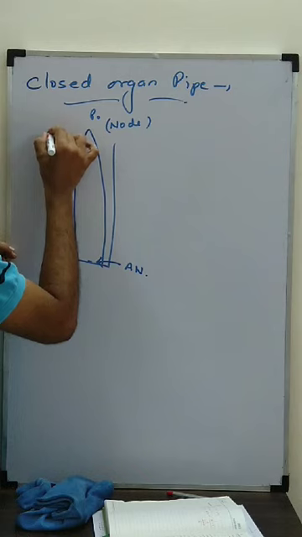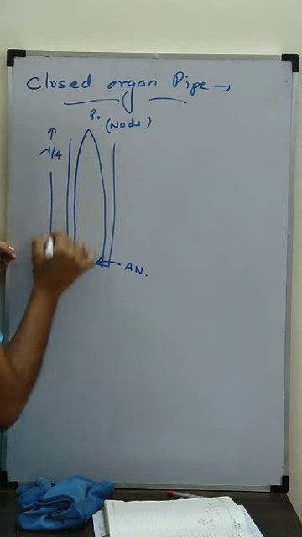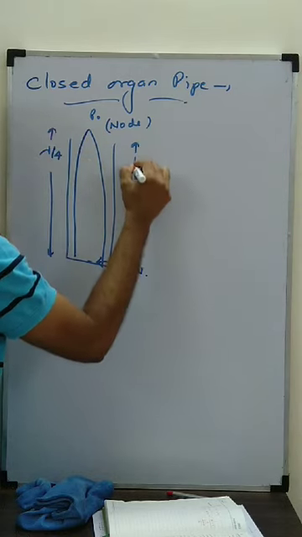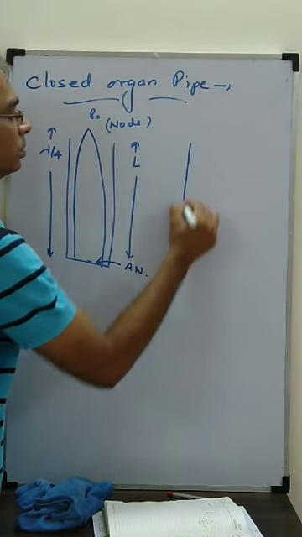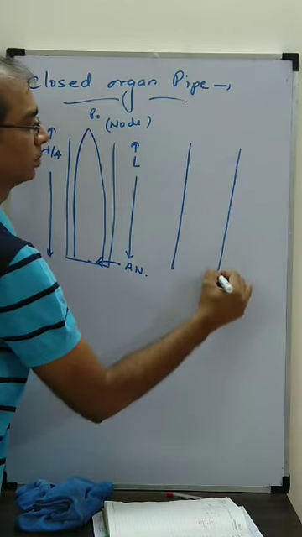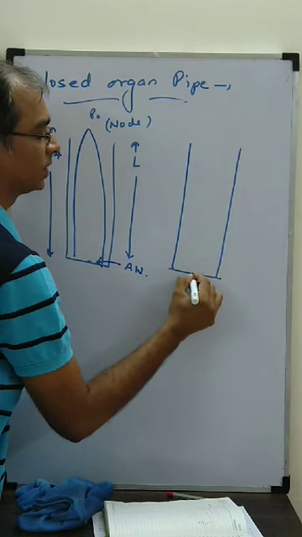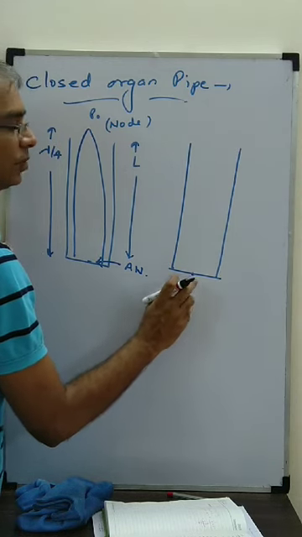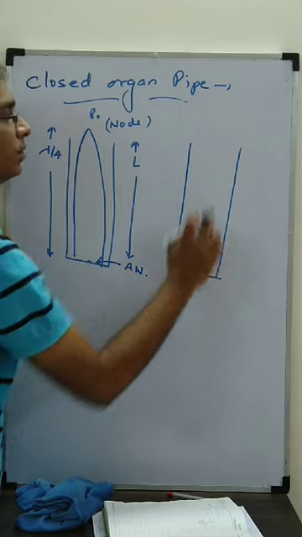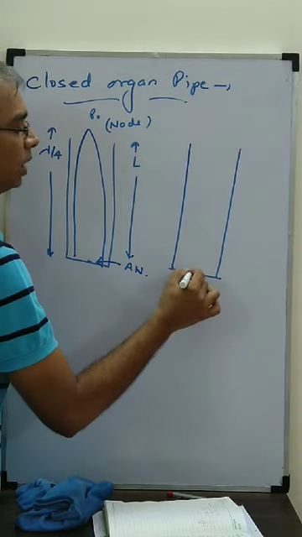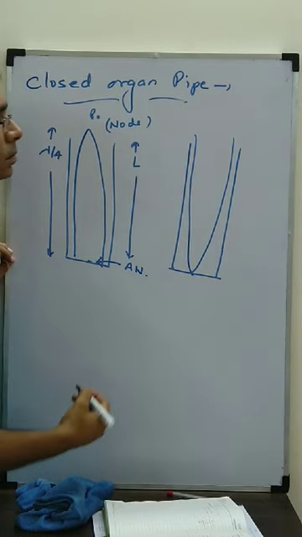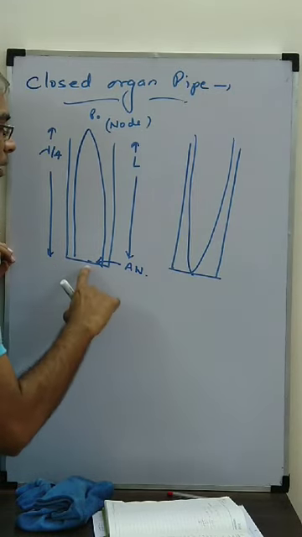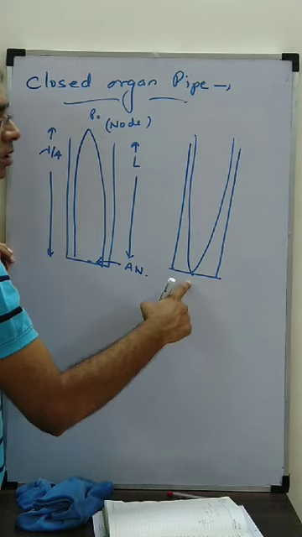The distance here is lambda by 4, if we say length of the pipe is L. If you want to make displacement also, we can make that over here. In displacement's case, this is a fixed end. Fixed end means node and free end means antinode. So it will be like this. Again, pressure antinode, displacement node.